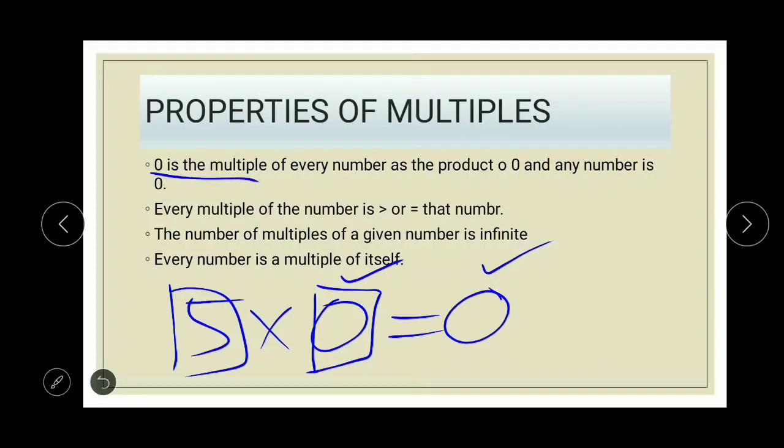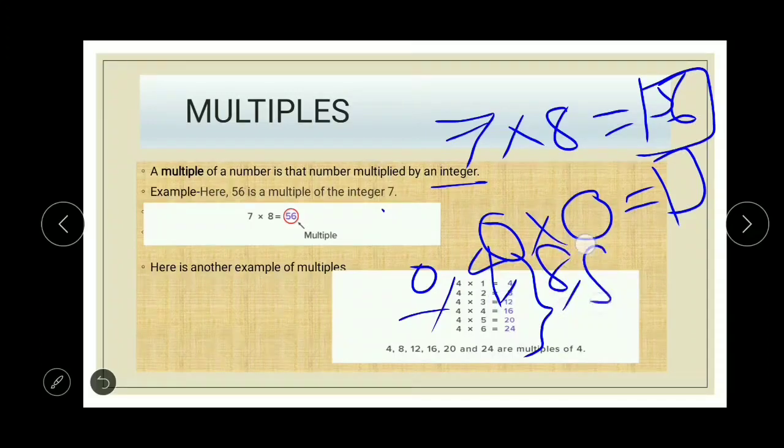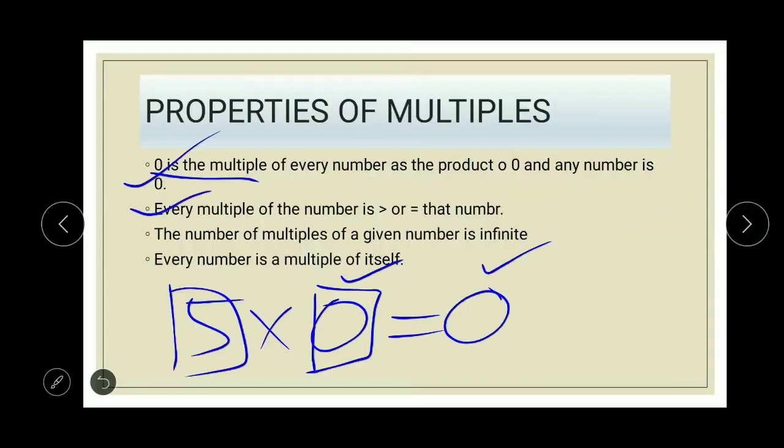Next one, every multiple of a number is greater than or equal to that number. In this slide we have already discussed that the multiples start from 0, then the number itself. After that, whatever numbers we get will be greater than that number, meaning whatever numbers we are getting will always be equal to or greater than that number.